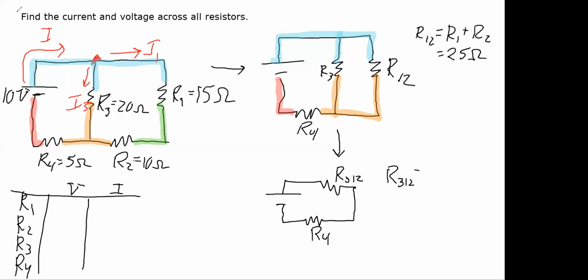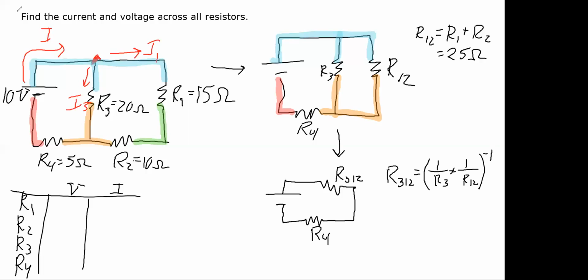R312 equals, and we know R12 and R3 are in parallel. So for the parallel connection, here's my equation for the resistance: it's 1 over R3 plus 1 over R12, to the -1. And that's supposed to be a plus there.